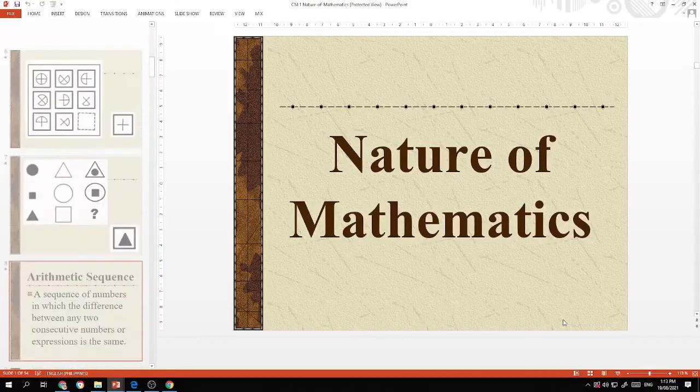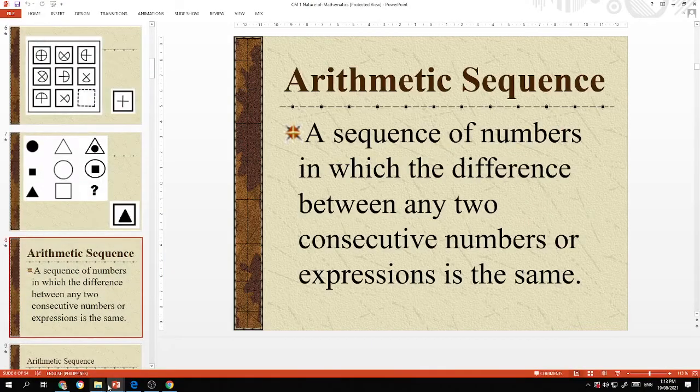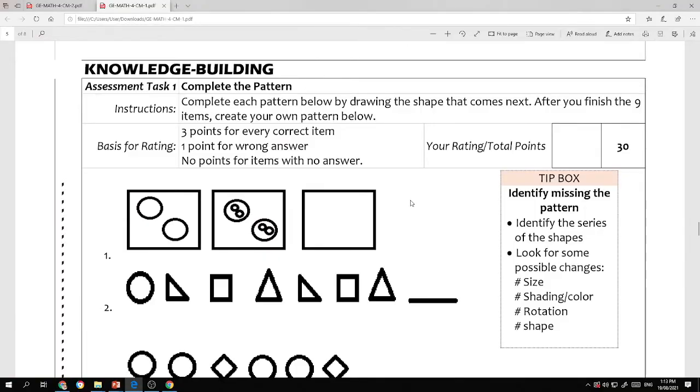So, let me present task number 1 first. So, ang task number 1 nato is this. Sa knowledge building sa course material 1. Inyo radyong i-drawing ang next pattern. Unya, kung mag-Google Forms mo, dito ang mga patterns. Mo pili radyod mo asa kahay sunod ani. So, mas nindot jud nga magamit mo Google Forms.